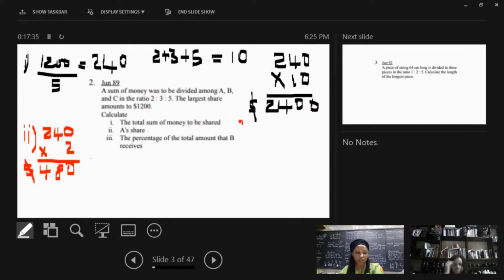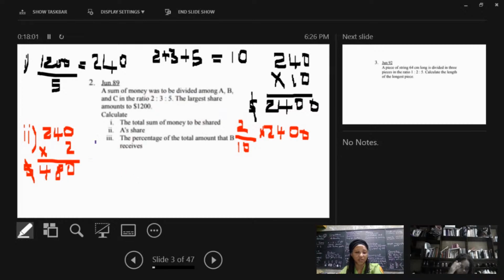So we could have put the 2 over the 10 total ratio times 2,400, and that would have given us this. So 0 cancels 0, and 2 times 240 would give us the 480. How about part III?